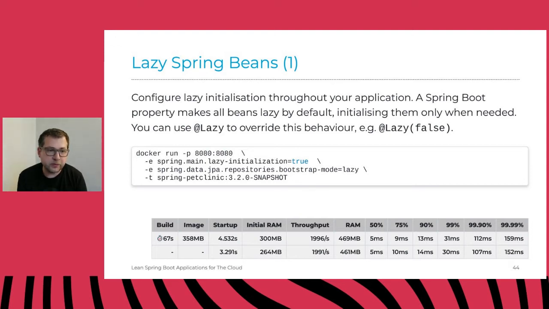So what does this bring? The thing is, lazy initialization makes the startup faster, right? We see that with the startup time, we see that with the initial RAM consumption. And then afterwards, when we do the benchmarking, we are roughly in the same area with the numbers. And that's what I would expect. If my benchmark suite does some warm up, all the Spring Beans are initialized anyway.